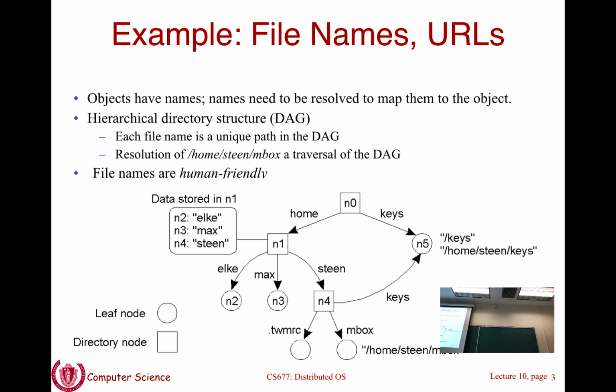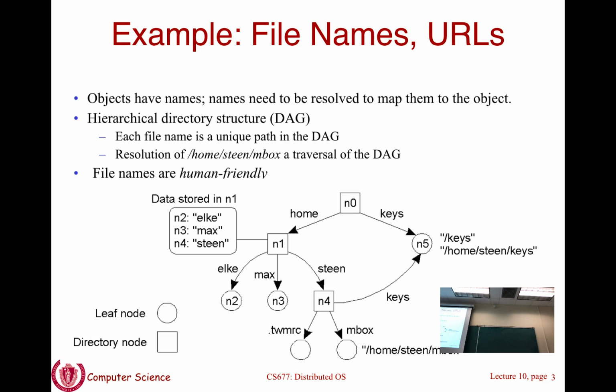When you try to open a file, in this case /home/steen/mailbox, which is the mailbox or inbox for that user, the way the file system is going to track down this file is through a hierarchical name lookup. It is going to start with the root directory, look at the index node or inode of the root directory, which is the metadata for that directory, and ask, is there a subdirectory called home in it?